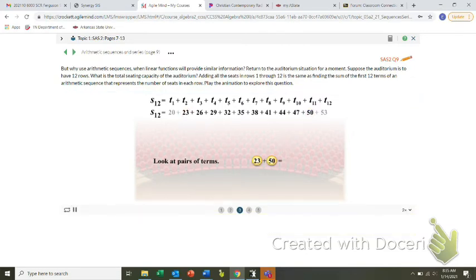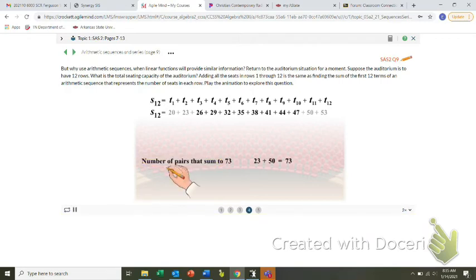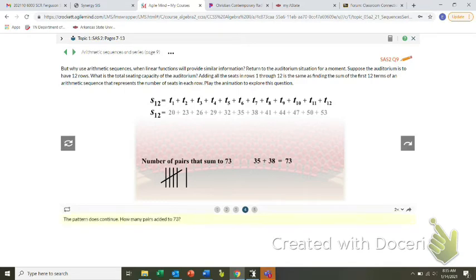Now they're going to take the second and the 11th term and get 73. They're going to take the third and the 10th, the 4th and the 9th, the 5th and the 8th, and the 6th and the 7th. So look, they are seeing how many pairs of 73s they get.